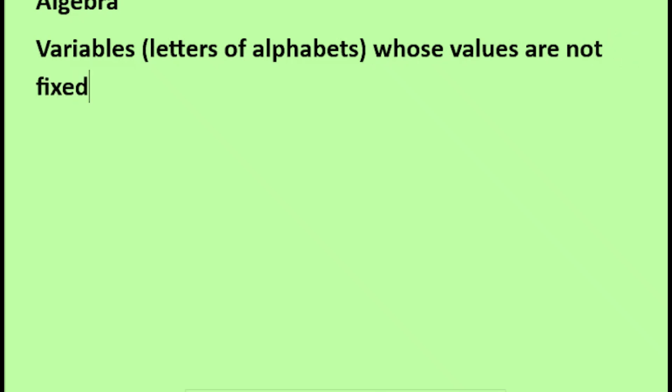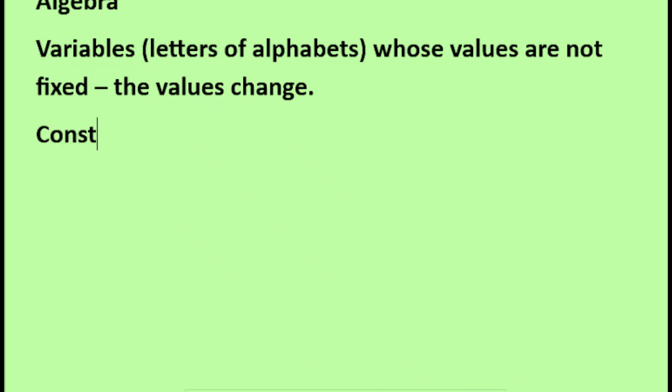The values change in different questions. In question number 1, the value is different. In question number 2, the value is different. In question number 3, the value is different.